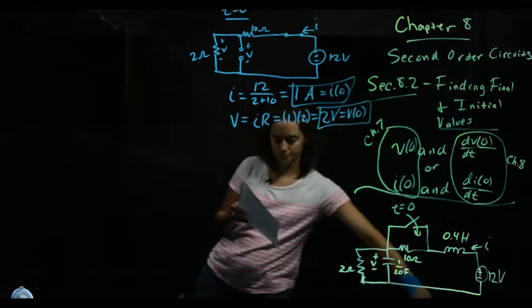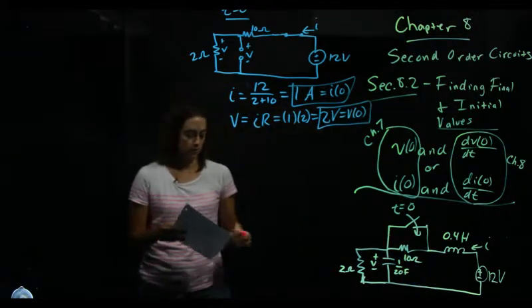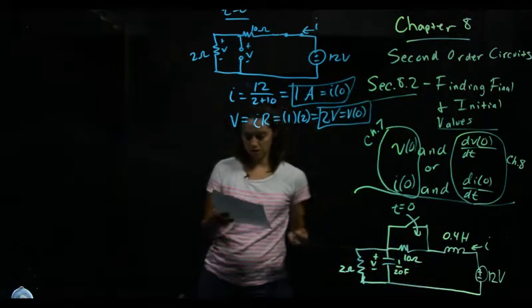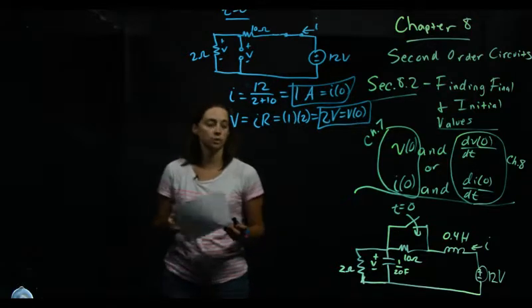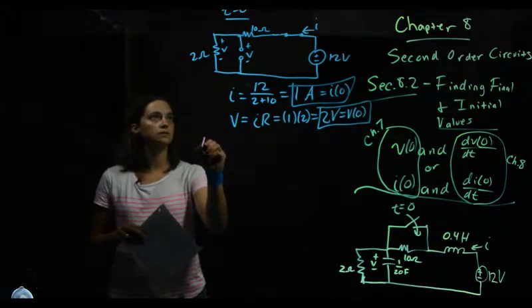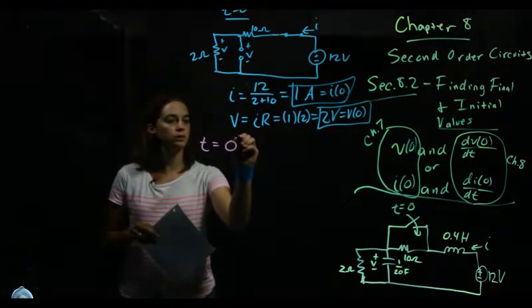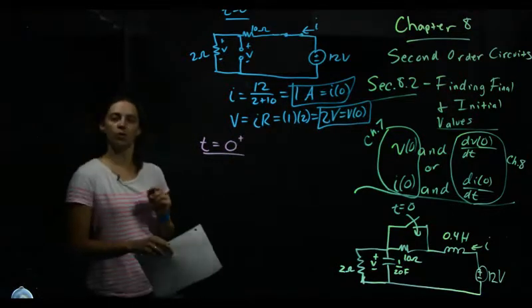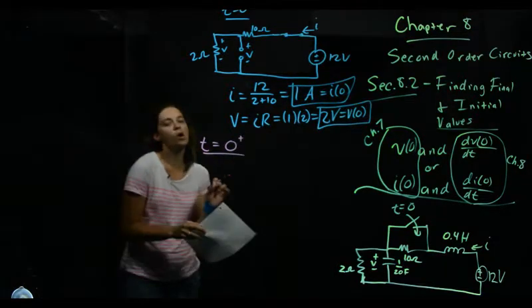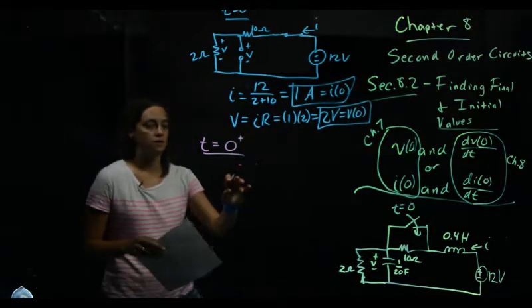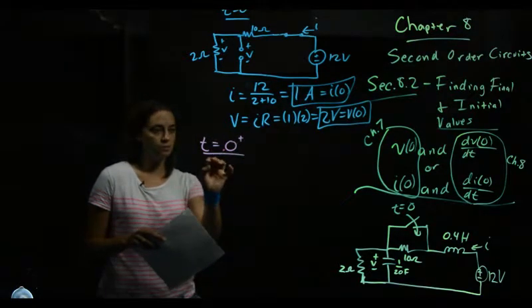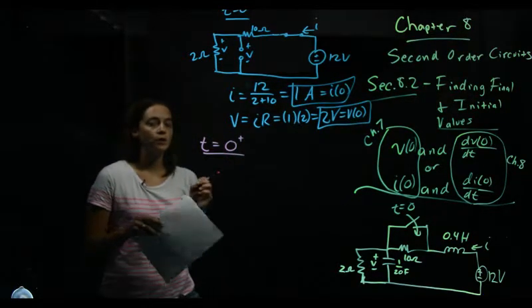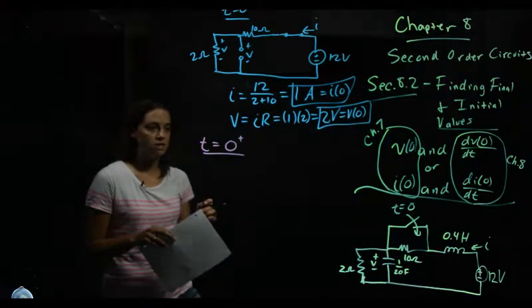Okay, now let's look at just after the switch closes. So I'm going to draw a circuit for t equals 0 plus. What do I know about the moment just after the switch closes? Well, I know voltage across the capacitor cannot change abruptly.